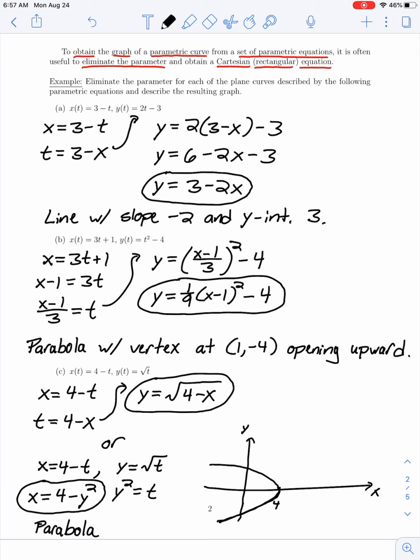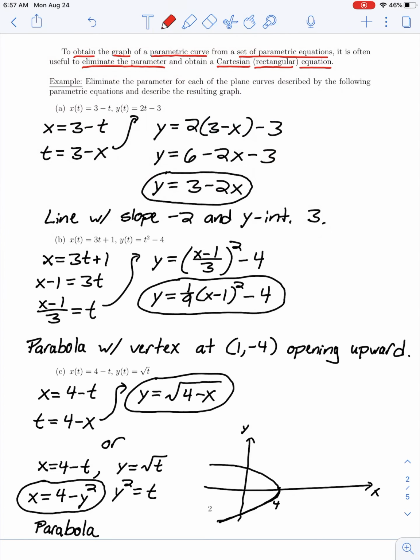However, one thing that we need to be a little bit careful of if we are sketching our curve is recognizing any restrictions on the domain of these parametric equations. So this set of parametric equations does not give us this full parabola that I've illustrated here. Let's think about why not.